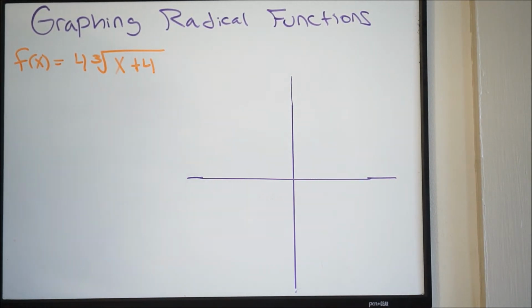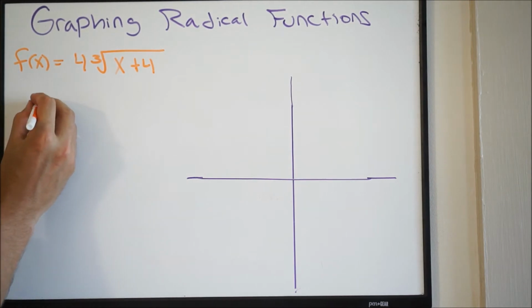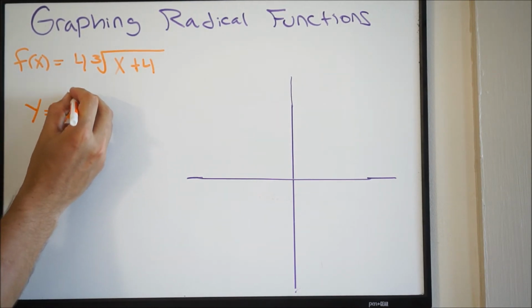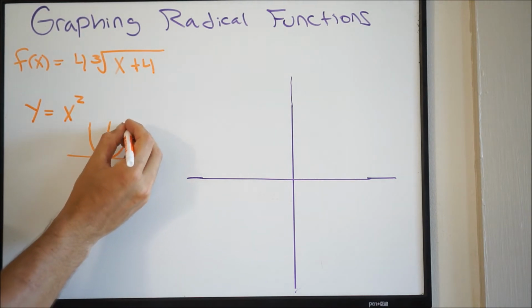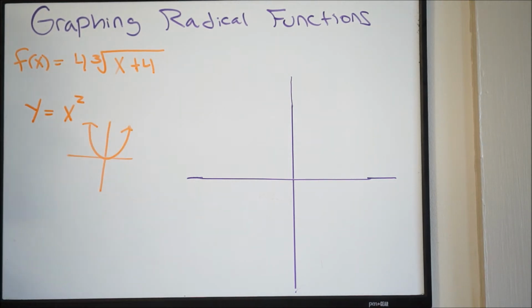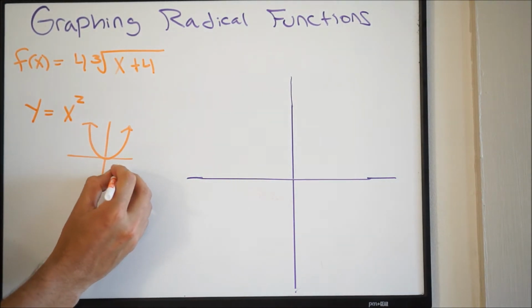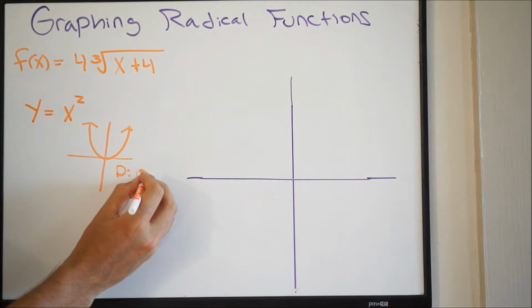We looked at the parent graph of a quadratic, or x squared, right? So for example, we looked at the parent graph of x squared. So we had y equals x squared, and we know that we have a graph that looks something like this, right? We know this. And from this we were able to determine, well, the parent graph of a quadratic, the domain is going to be all real numbers, okay?